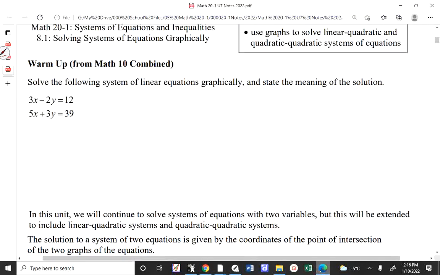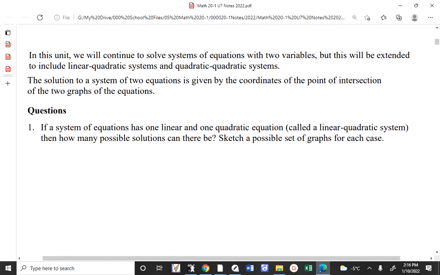Right. So, what we're going to be doing in this unit is we're going to continue to solve systems of equations, but the one we just solved had a linear equation and a linear equation. They're both linear equations because when we graph them, we get lines.